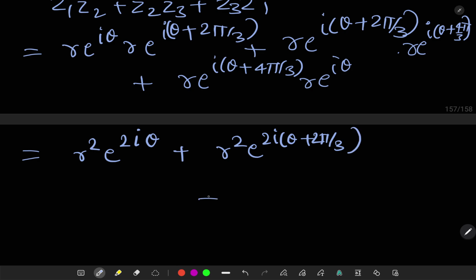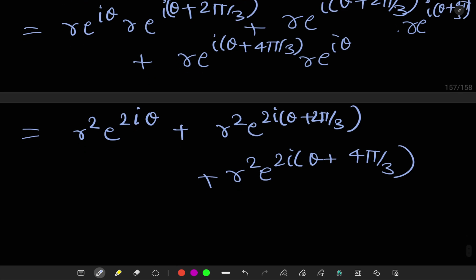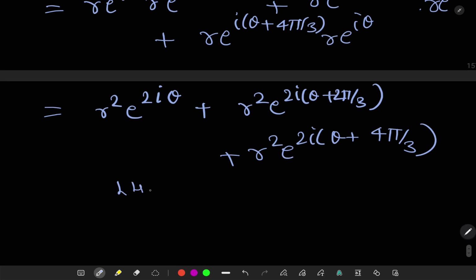On solving this we get this value. Here LHS is equal to RHS.